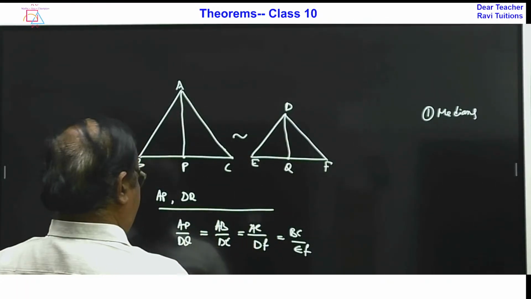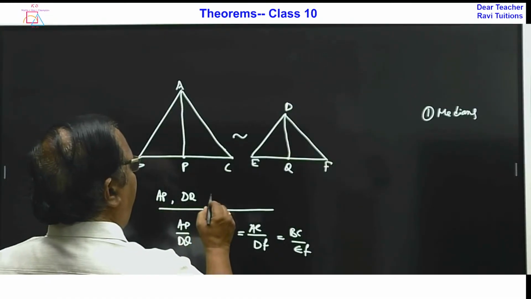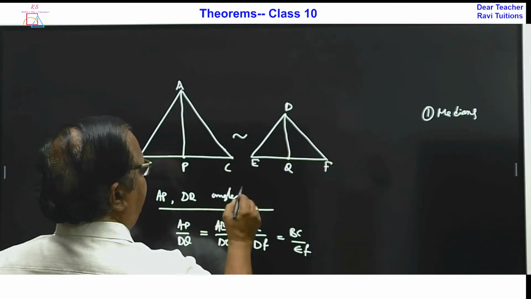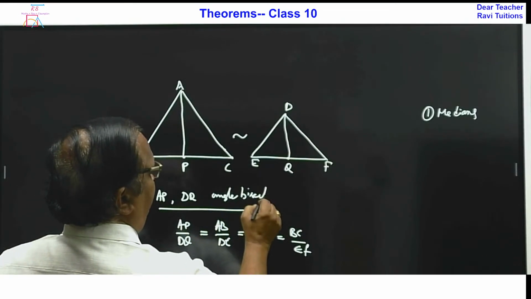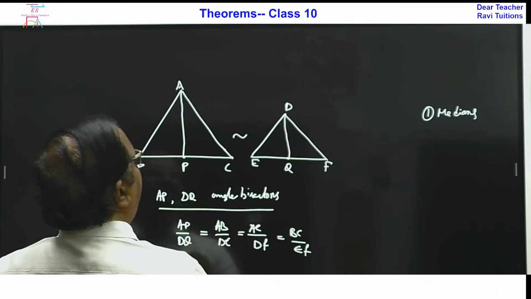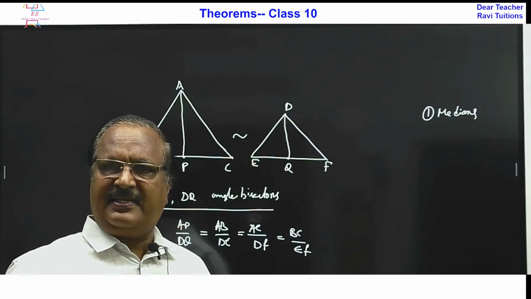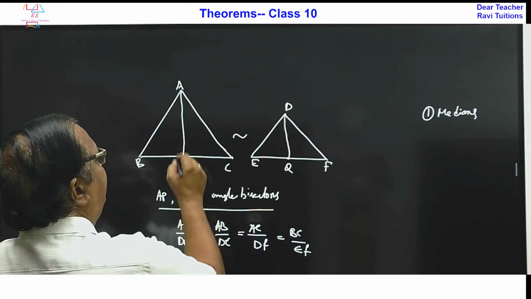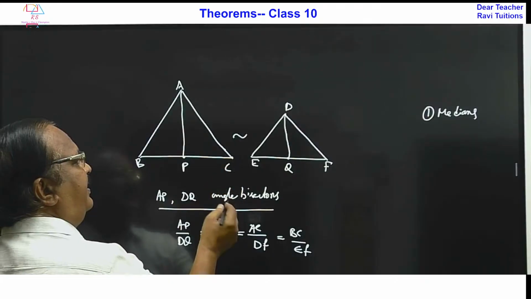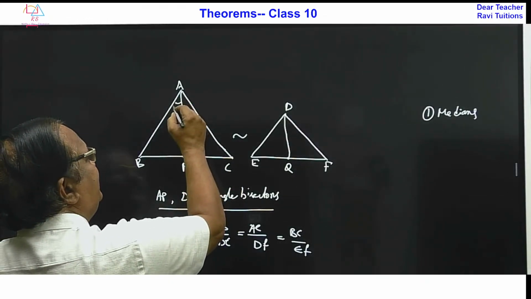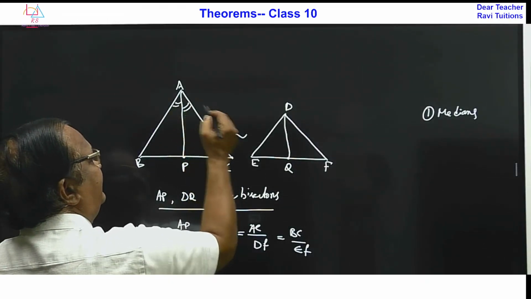Sometimes AP and DQ are angle bisectors. Angle bisectors means the line which bisects the angle. In the previous case they were medians; now in this case these two are angle bisectors.